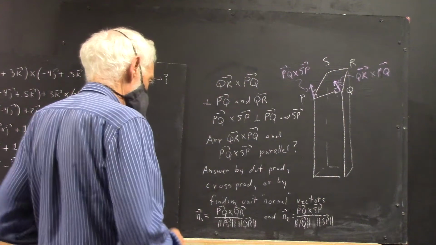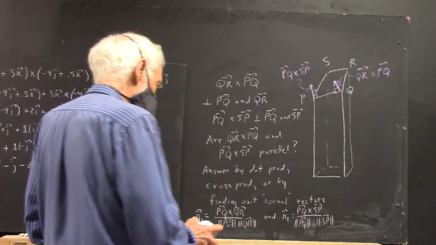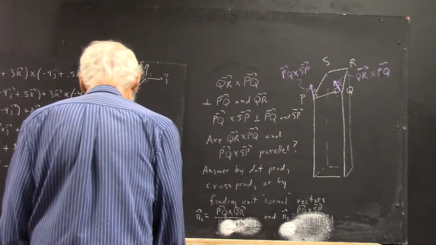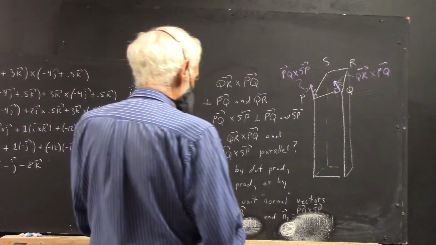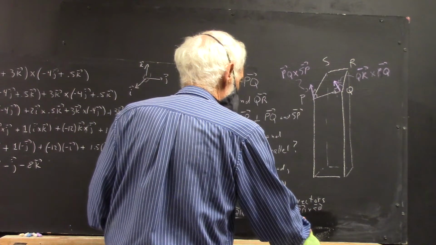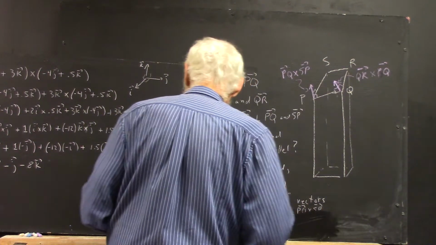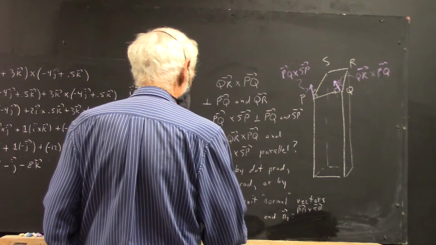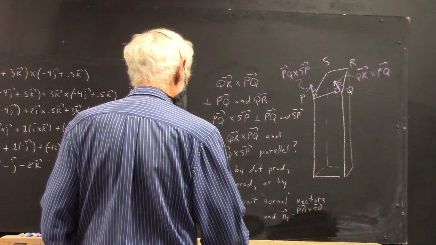I wrote that and it's actually wrong, but what you're doing is okay. It should have been this vector divided by its magnitude.